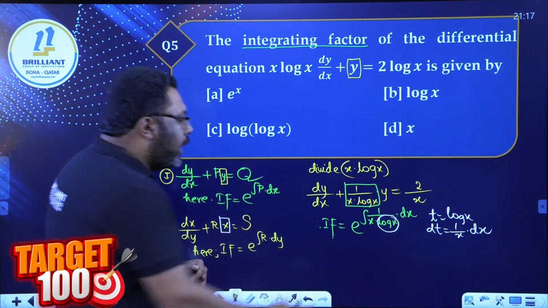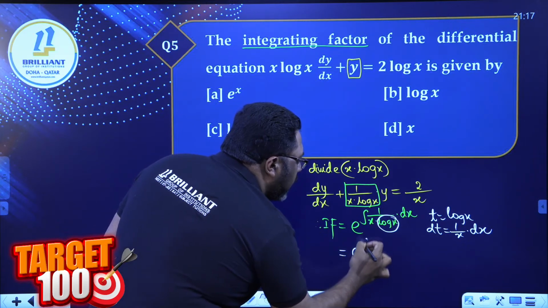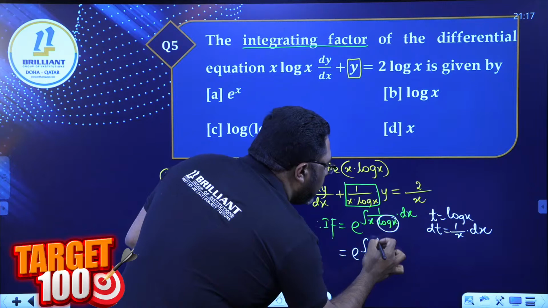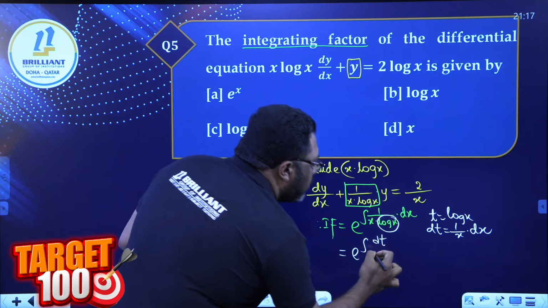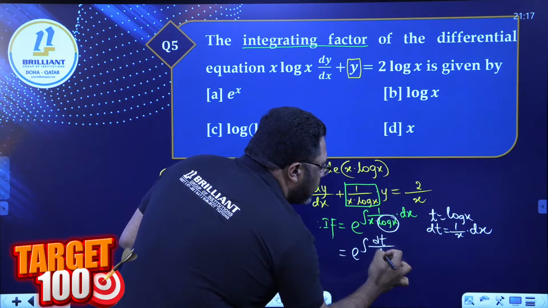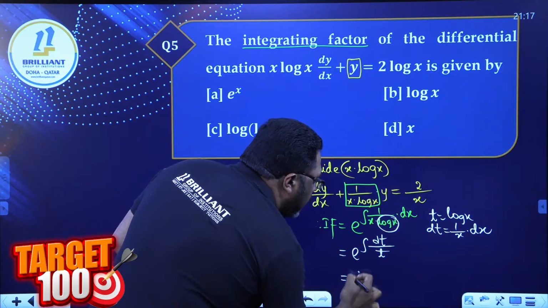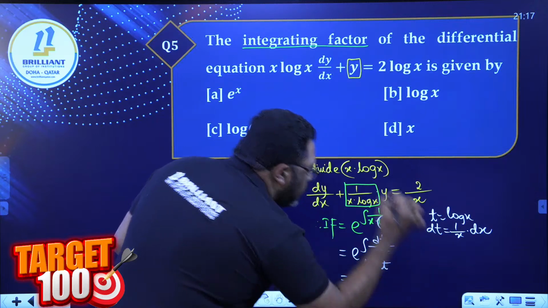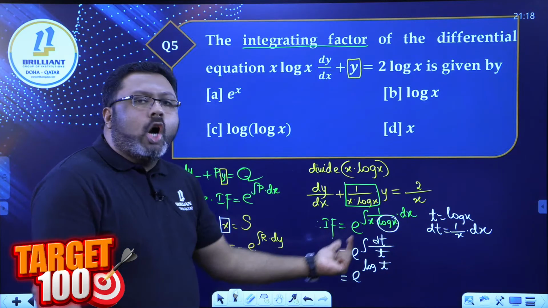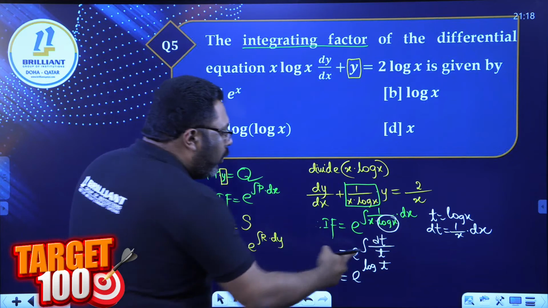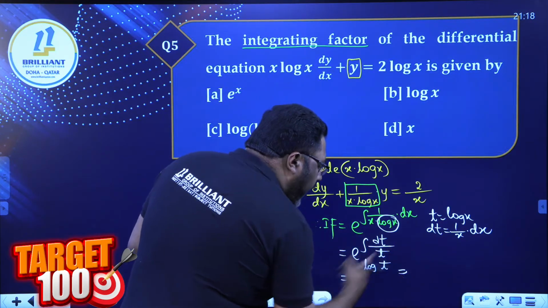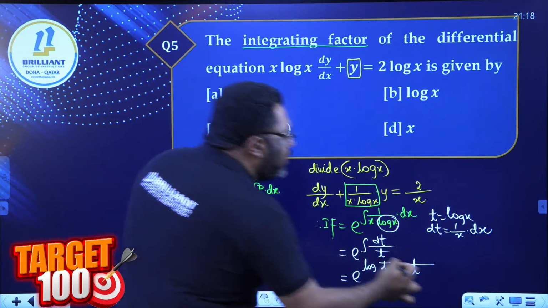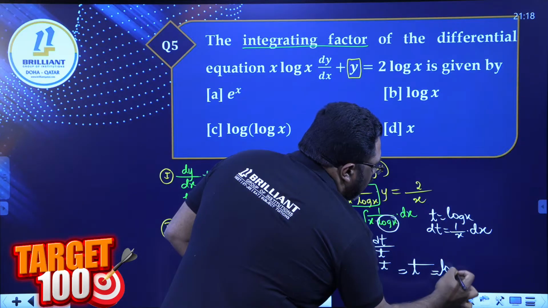So this is e raised to integral dt by t, which is e raised to log t. e and log are inverse of each other, and whenever they come close to each other, they eliminate themselves. So the answer is t, and t is definitely log x.